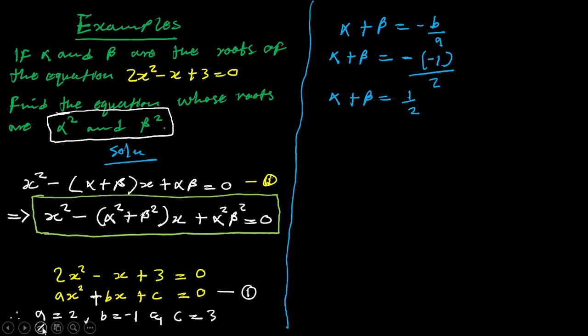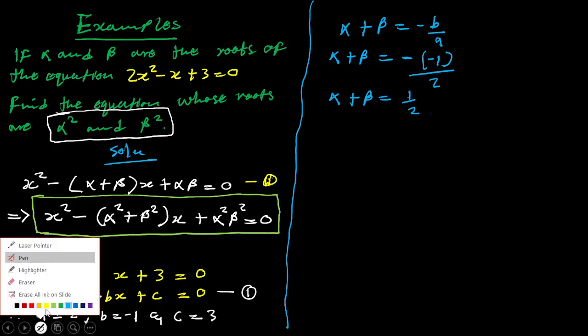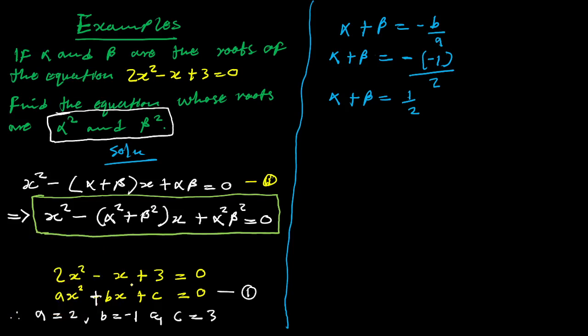After you do that, what is your next job? Your next job is to find the product. So the product is alpha beta is equal to c over a. This is according to the formula.